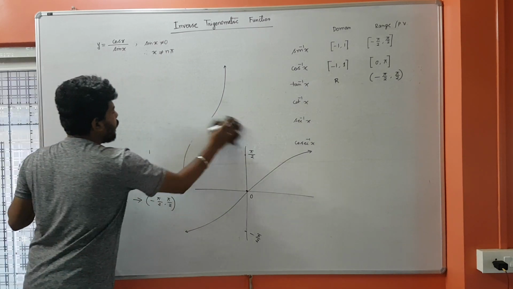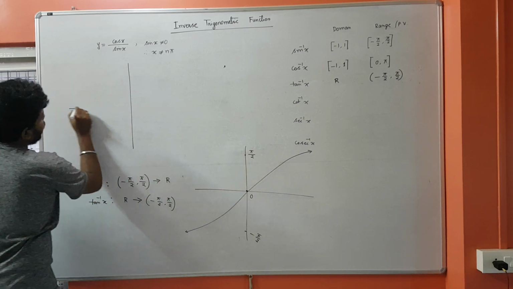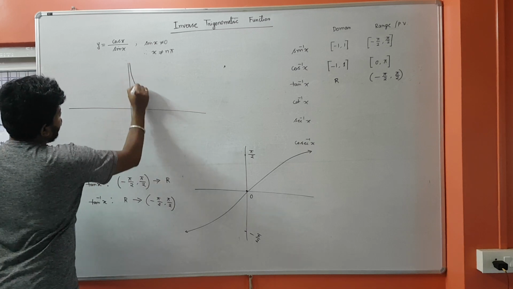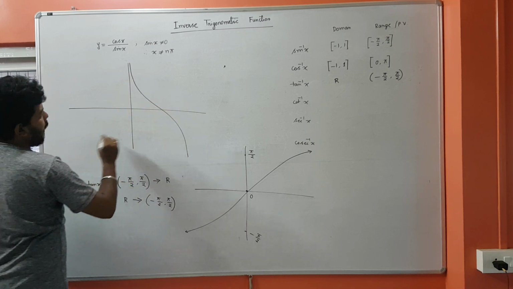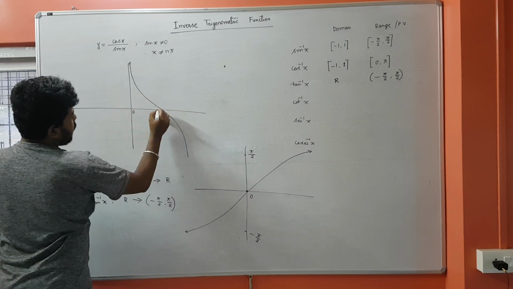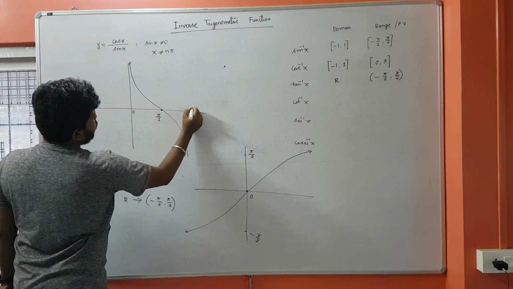If I draw the graph of cot x, we will get a curve like this. For x tending to 0, it is plus infinity, and for x equal to pi by 2, it is 0, and for x tending to pi, it is minus infinity.